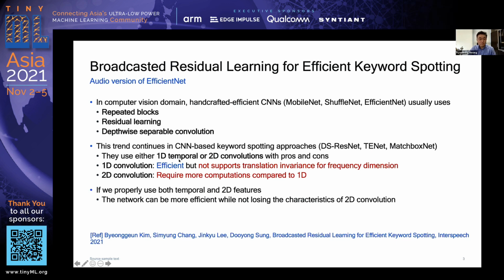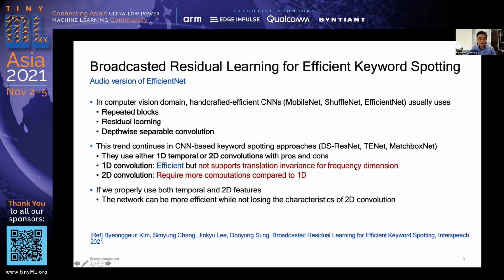Some use 1D temporal convolution or 2D convolution, but both of these approaches have limitations. 1D convolution is very efficient, that's good, but along the frequency axis it does not support translation invariance.